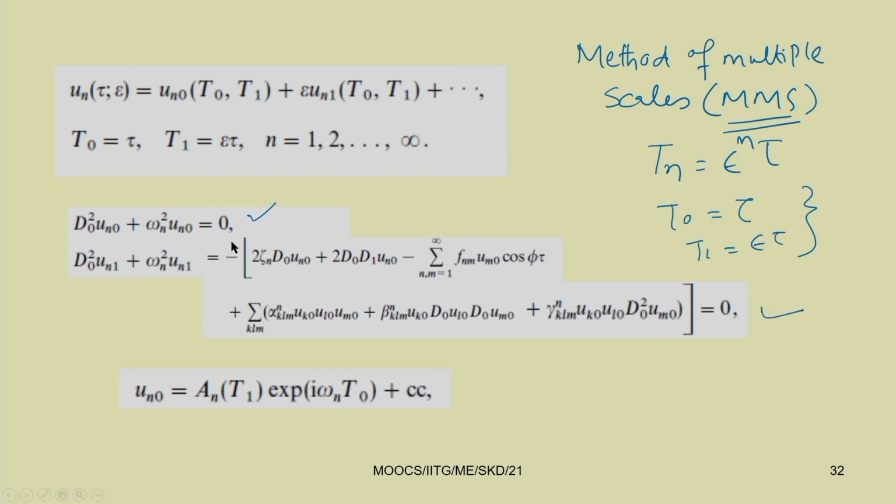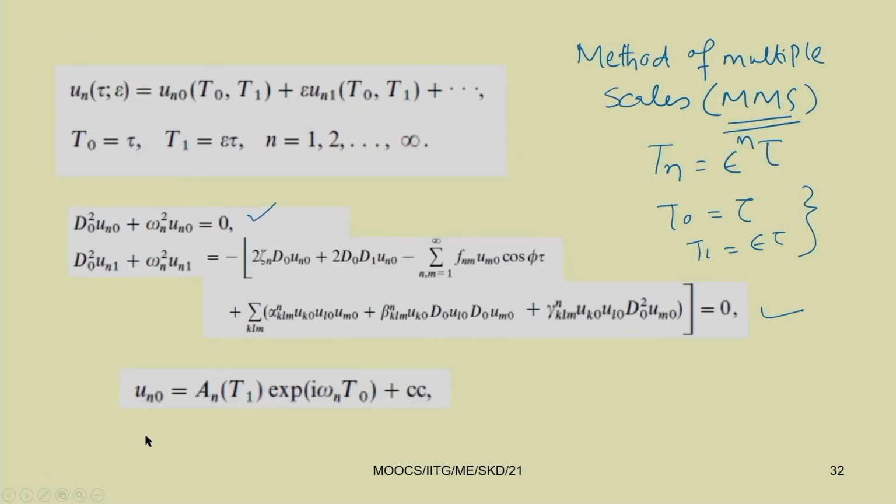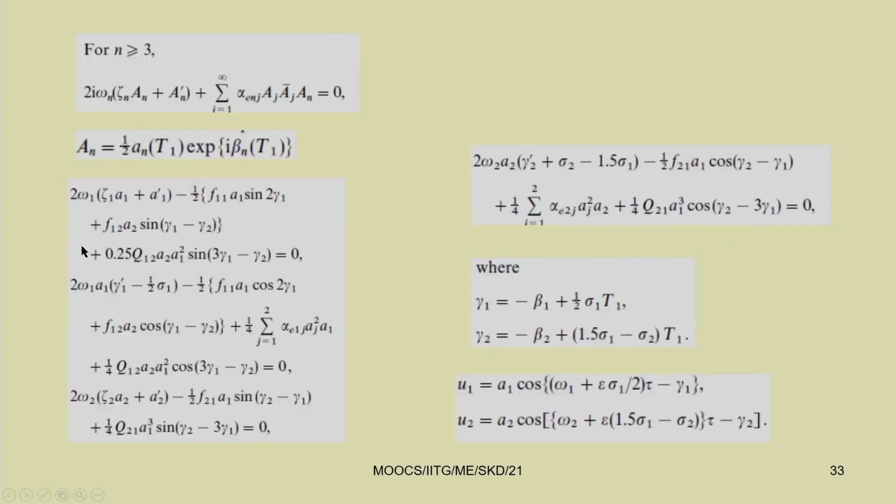Now the solution of the first one can be written in this form: u_n0 equal to a_n(T1) e to the power i omega_n T0 plus cc, where cc is the complex conjugate of the preceding term. For n equal to 1 and 2 you can write in this form, but if n is greater than 3, the equation can be written as 2 i omega_n zeta_n a_n.